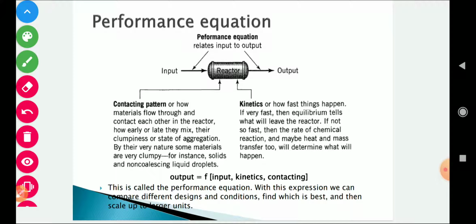If the reaction is very fast, then the equilibrium will decide what will happen in the reactor, because whenever the reactant enters the reactor, it will convert into product and equilibrium is reached. So the equilibrium will decide the overall conversion or yield of the product.